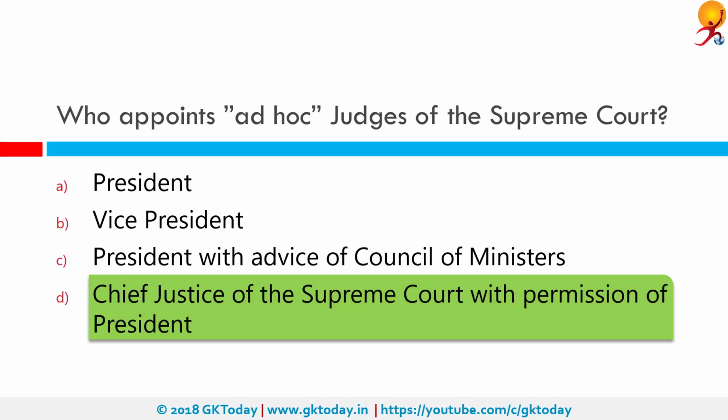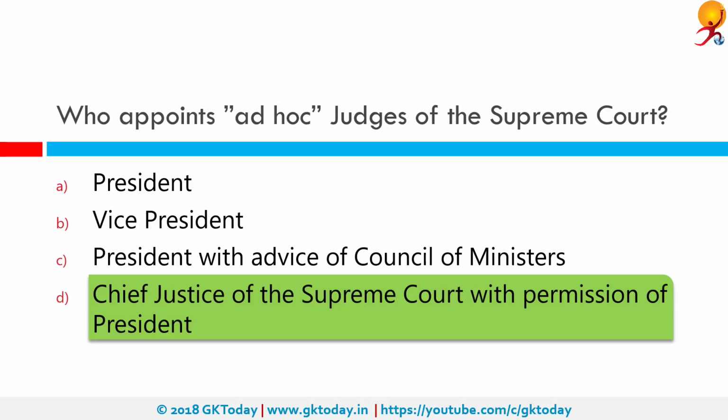Only the persons who are qualified to be appointed as Judge of the Supreme Court can be appointed as ad hoc Judge of the Supreme Court. Article 127 mentions this. Further, as per provisions of Article 128, Chief Justice of India, with the previous consent of the President, requests a retired Judge of the Supreme Court or High Court who is duly qualified for appointment as a Judge of the Supreme Court to sit and act as a Judge of this court.